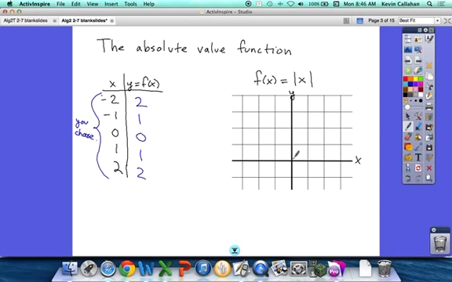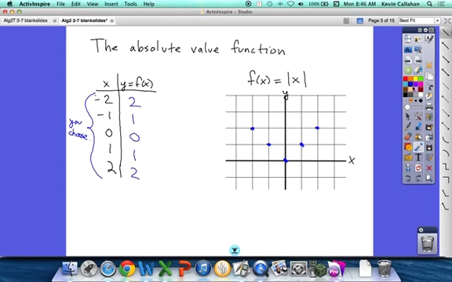So -2, 2; -1, 1; 0, 0; 1, 1; and 2, 2. Do we see a shape? We see a shape.